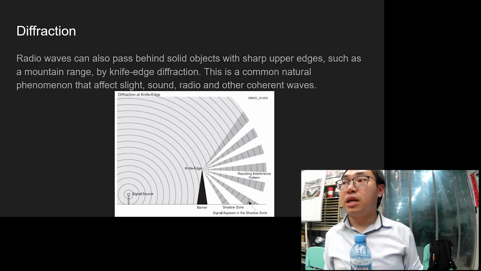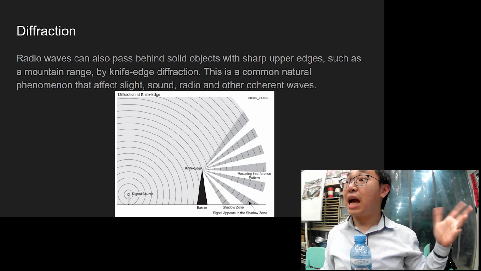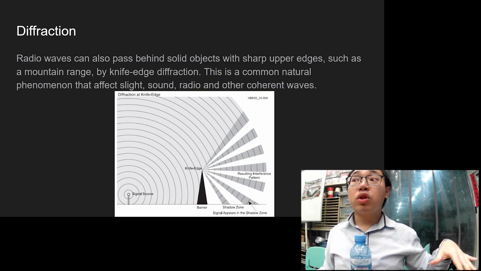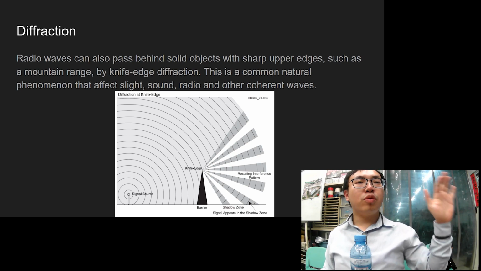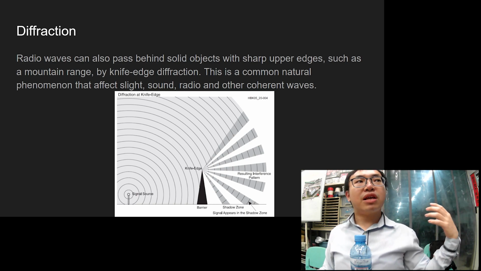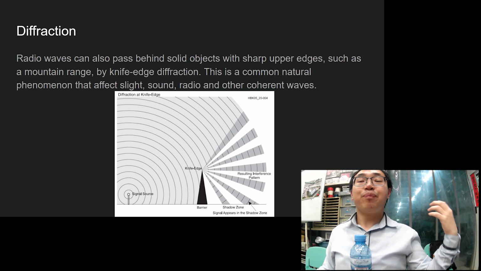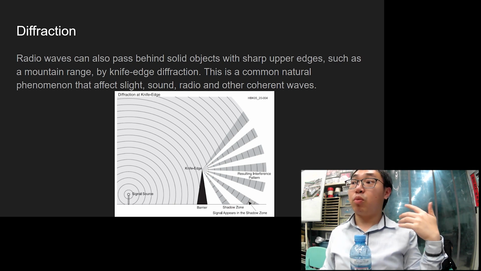So that's why sometimes if you listen to radio waves behind a mountain, the lower the frequency of the wave, the bigger the chance you can listen to that radio. But if you are listening to FM, you may not be able to listen to the radio. This is the reason why.